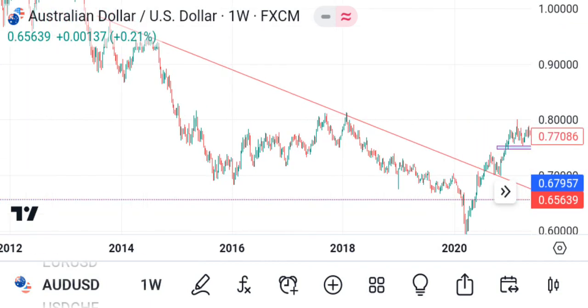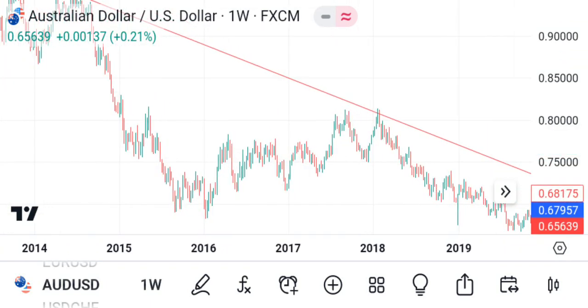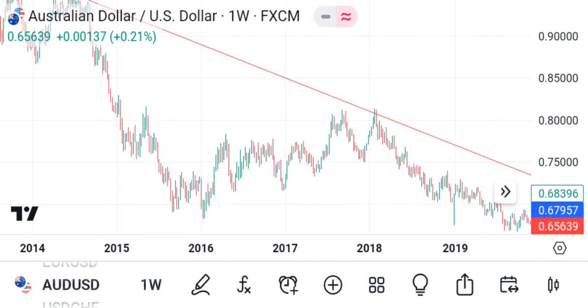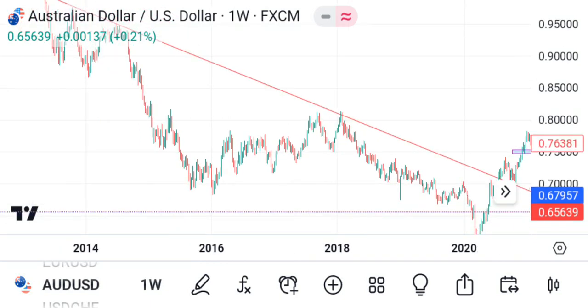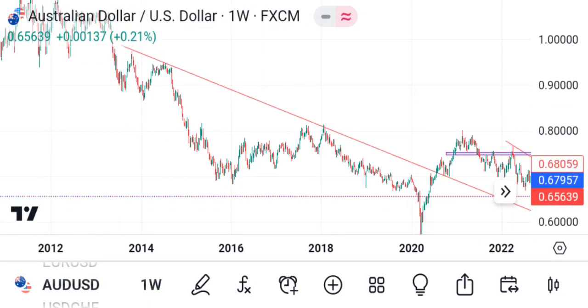This is a weekly time frame, and as you can see, the market is bearish, and it has been respecting these trend lines. Let me point them out.